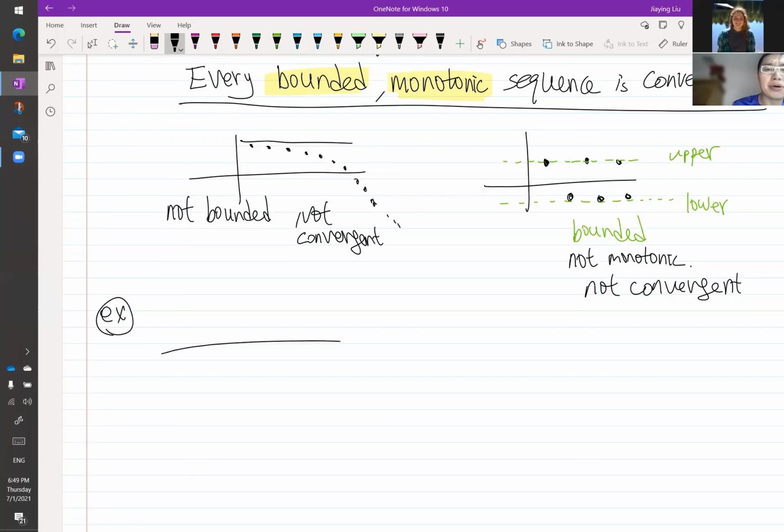You could have alternating positive and negative at the beginning, but eventually the terms approach a negative value, so the negative is actually the limit. You have to be very careful.